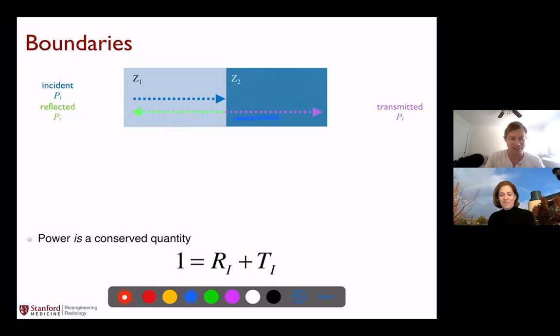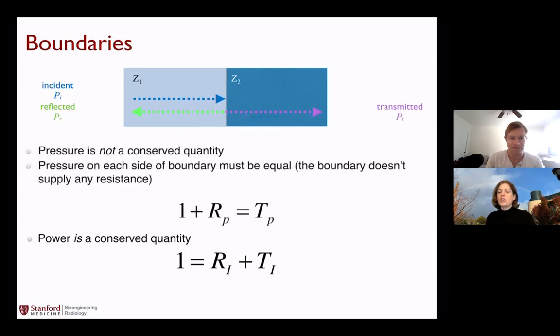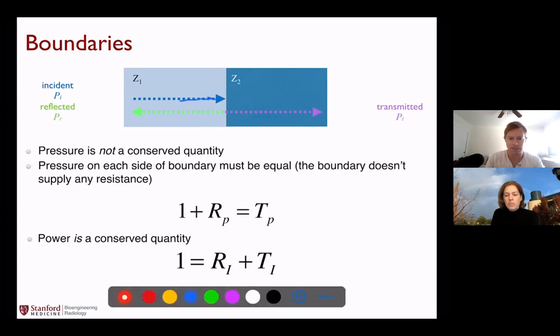Yeah, it sounds good. Okay, so then I'm going to tell you the part where you're going to say what? And so this is the part where pressure is not a conserved quantity. So here what we see is that the pressure on each side of the boundary must be equal. So on the one side, you have the pressure that's coming in, the incident pressure, and then there's the reflected pressure. And that equals the transmitted pressure, because you have to say that the pressure on this side equals the pressure on that side.